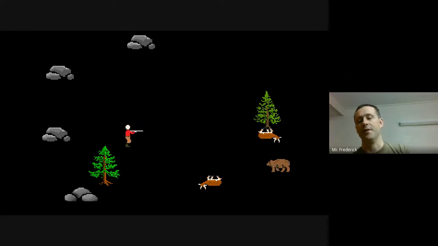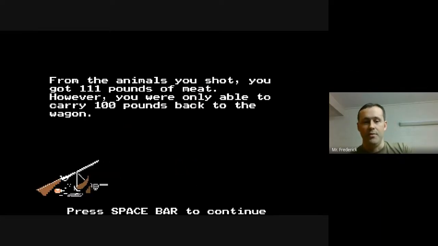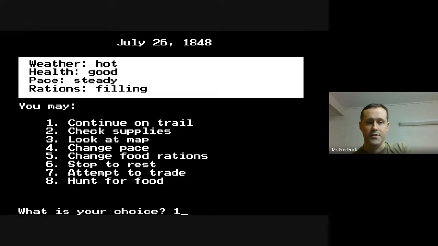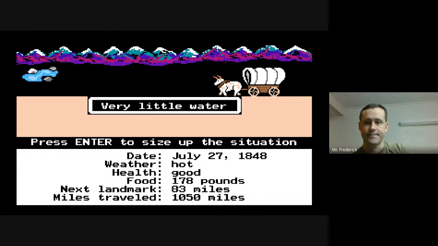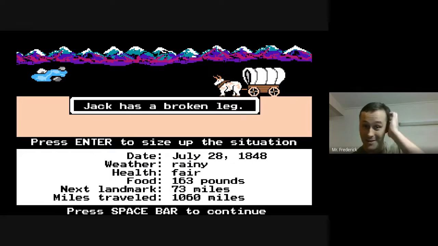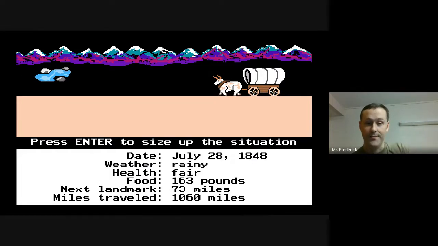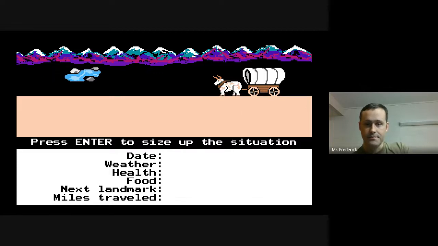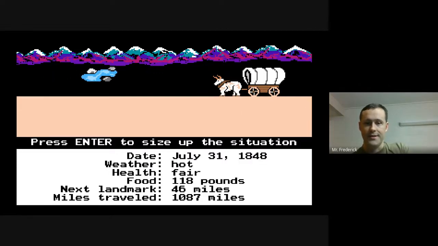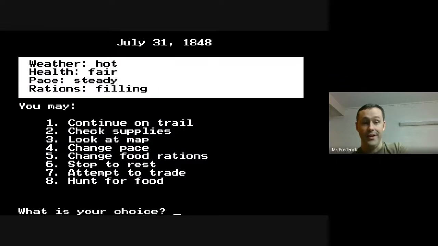Okay, that's good. That's going to give me over 100 pounds. I'm going to go a couple more days. No point wasting a bullet on the bear. Okay, continue on the trail. Very little water. That's going to affect my, Jack's got a broken leg now. All right, I'm going to go hunting again now that I'm down to just 118 pounds of food.